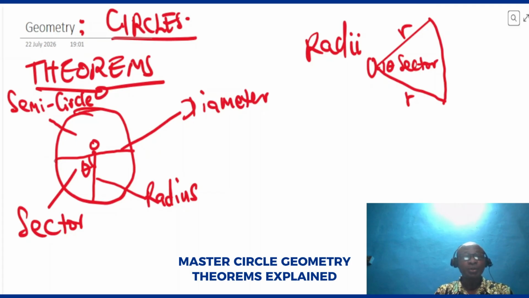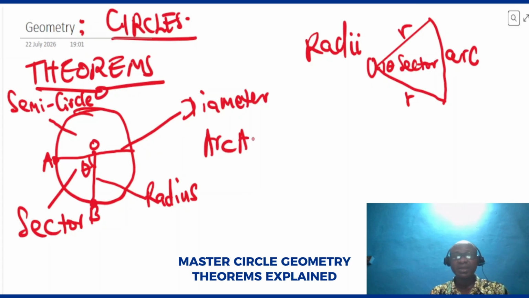Between two points on a circumference, we call that an arc. In other words, this place now is called an arc. So if here is A and here is B, I have something called arc AB.